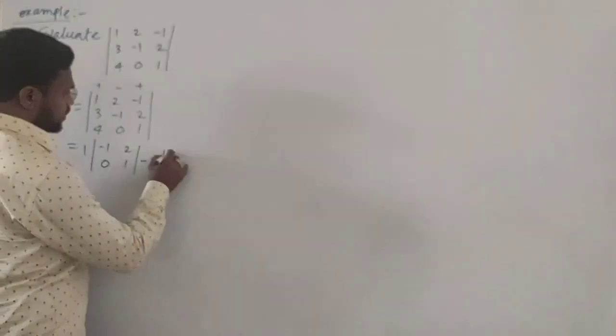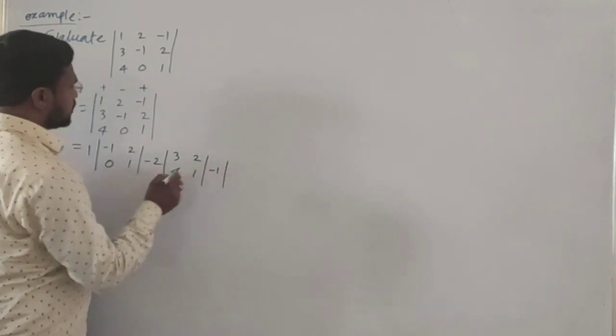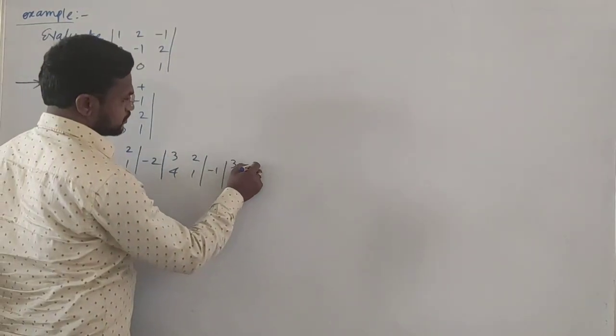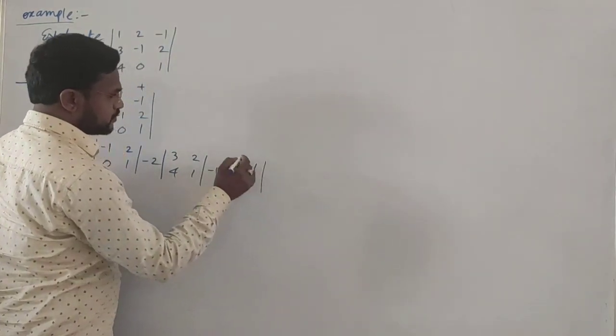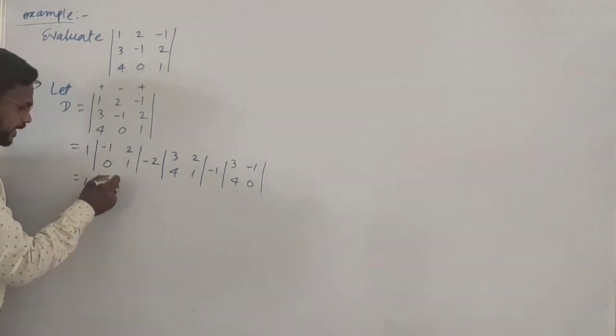3 2 4 1. Minus 1, 3 -1 4 0, equal to 1 in bracket.